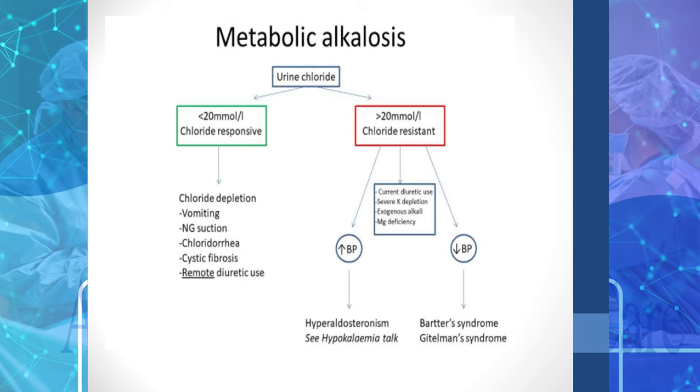If the blood pressure is low, there is no hypertension, this may be a congenital syndrome, Bartter syndrome or Gitelman syndrome. In these syndromes, there is a lesion like that one if we are using diuretics. The Bartter syndrome is like that of loop diuretics, and the Gitelman is like the thiazide diuretics.